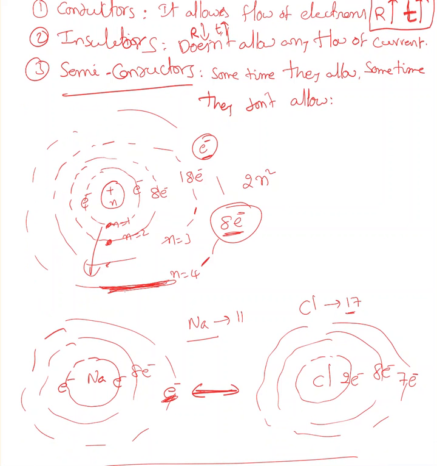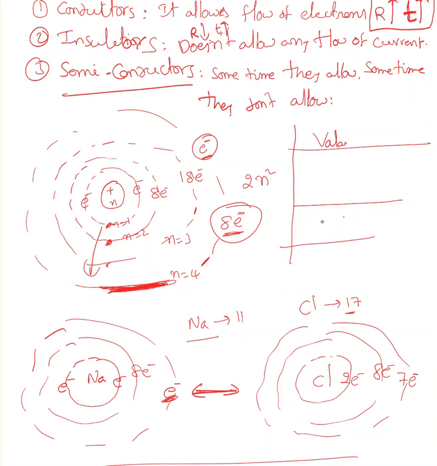If we look too deep into this band, it is separated into conduction band and valency band. The conduction band is right there, and the valency band is up here, or vice versa.